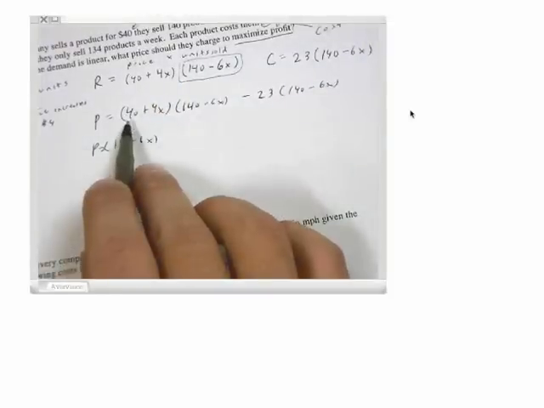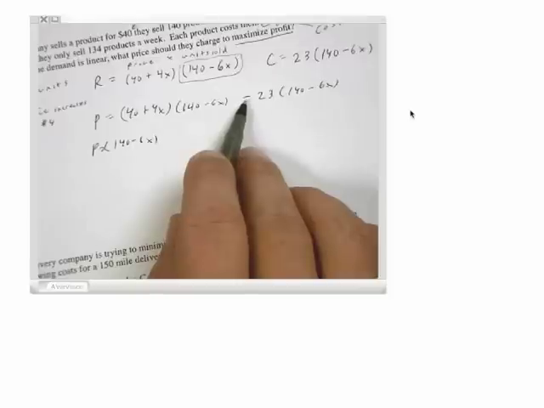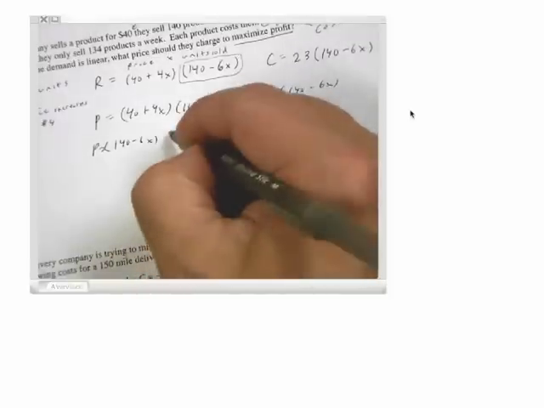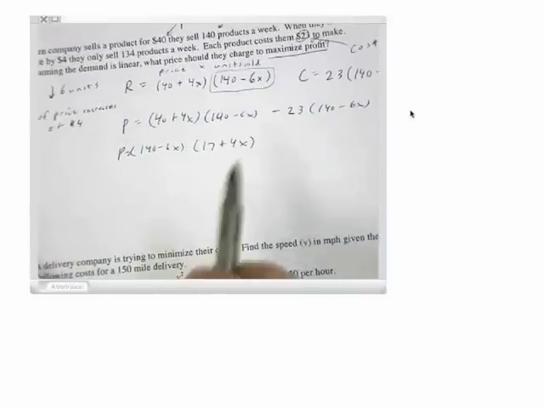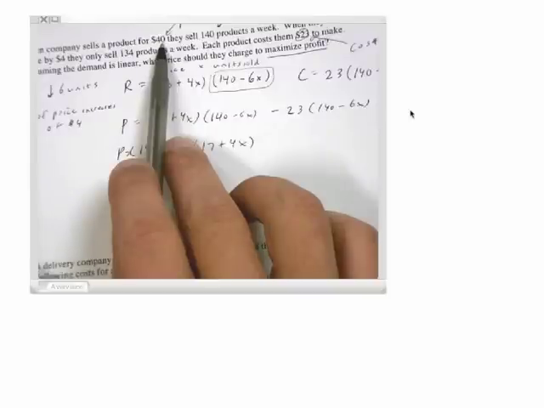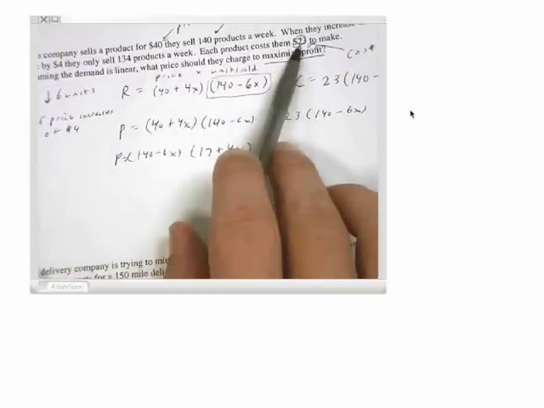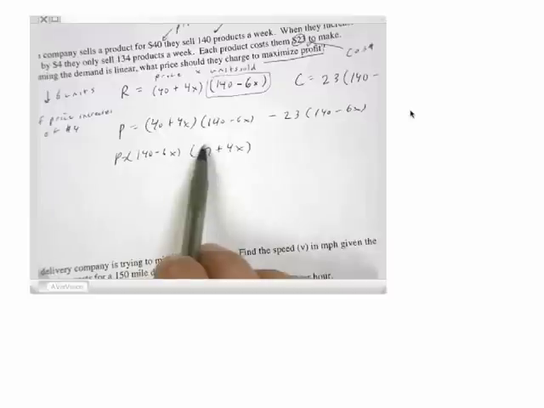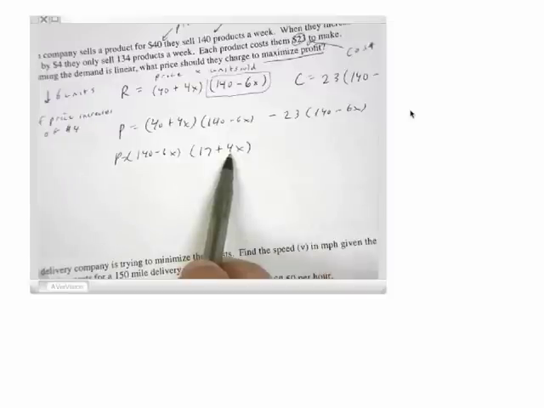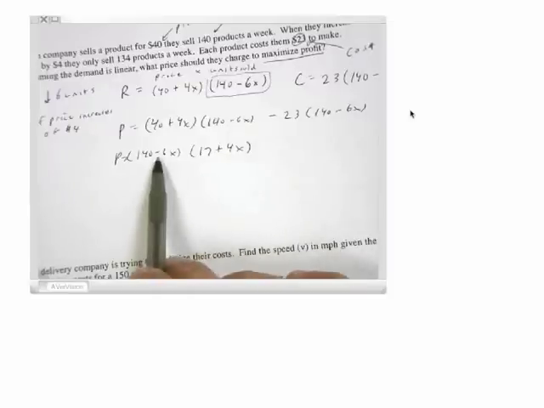My other binomial is going to be the 40 plus 4x minus the 23. So if I do 40 minus 23, I get 17 plus 4x. Which, if you think about it, kind of makes sense. It's selling for 40, but it's costing me 23 to make it. So my overall profit per unit is $17. Then I'm going to increase that by $4, but that's going to decrease the number of units here.